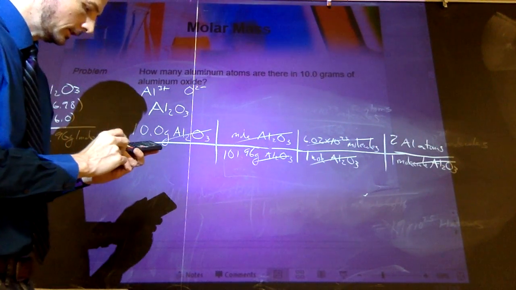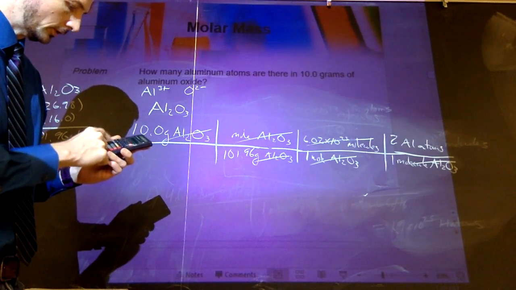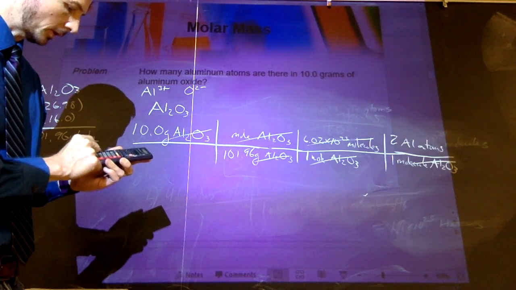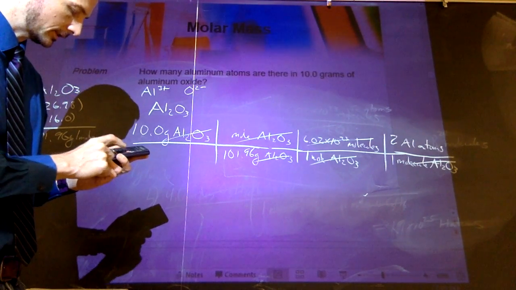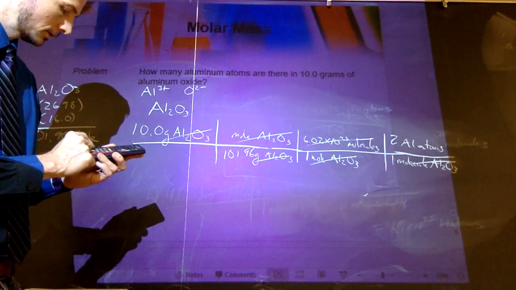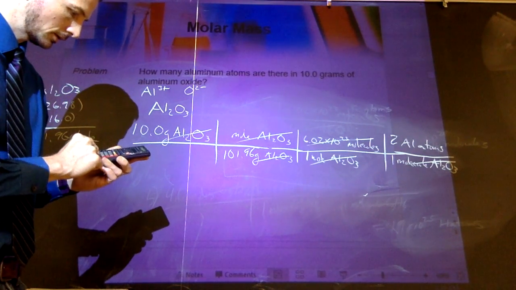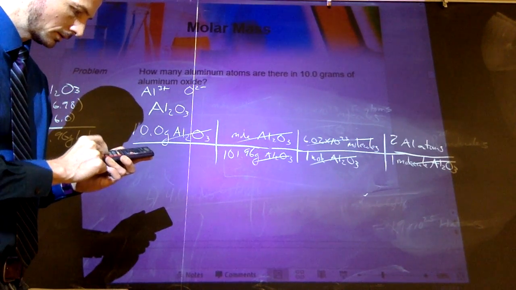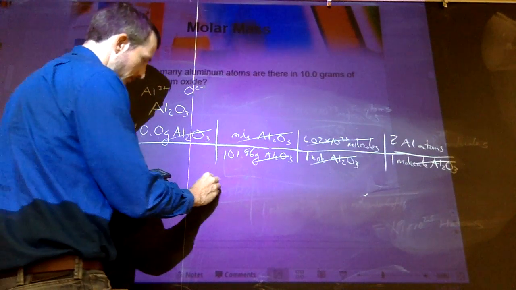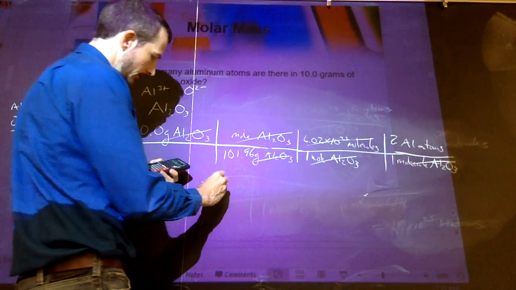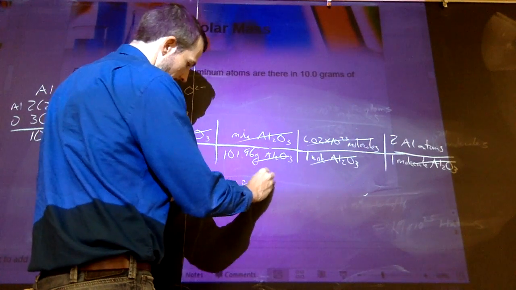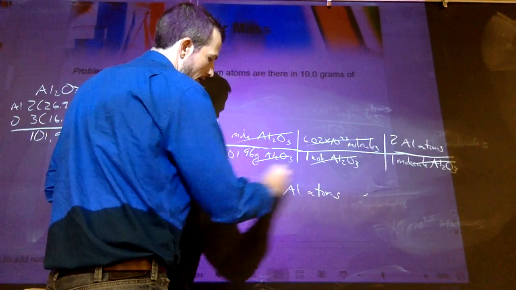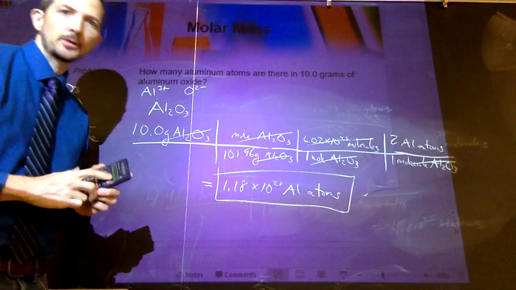So I take 10 times 6.02 times 10 to the 23rd times 2, divided by 101.96. And I should ask for 3 significant figures, 1.18 times 10 to the 23rd aluminum atoms.